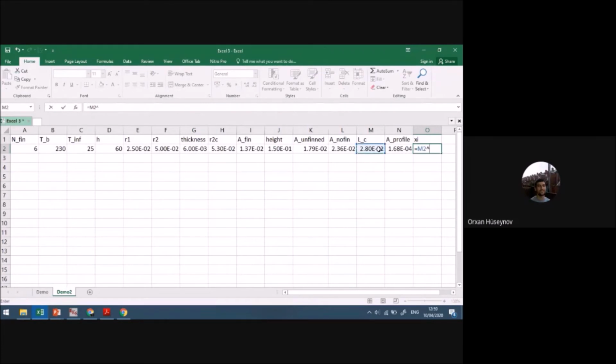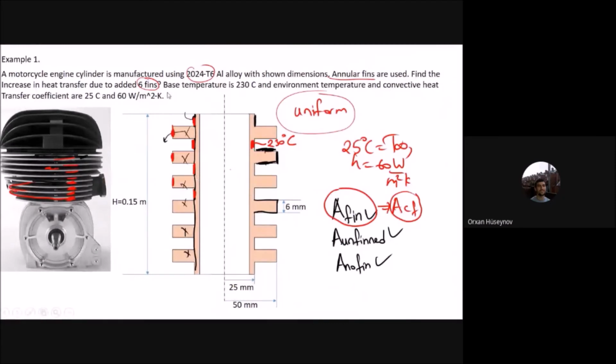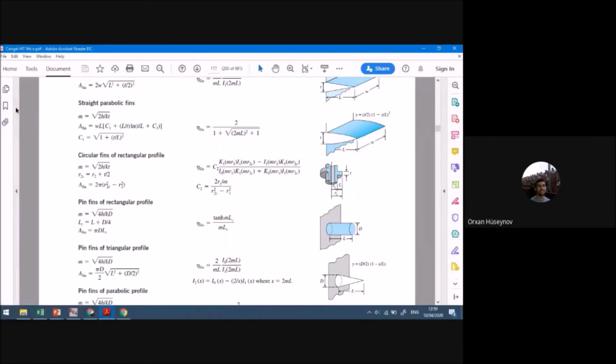It will be this one to the power of 1 by 2 multiplied with h by the conductivity of the fin. So we should add the conductivity of the fin. The material is 2024-T6. Then we can use the book to find the conductivity. This is the book that we are using.